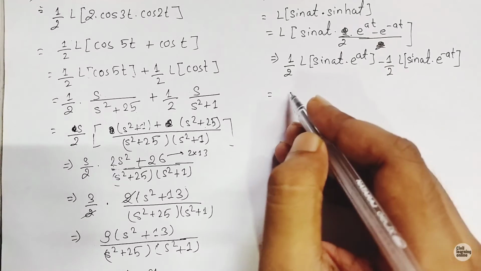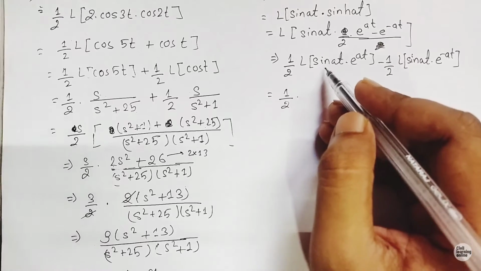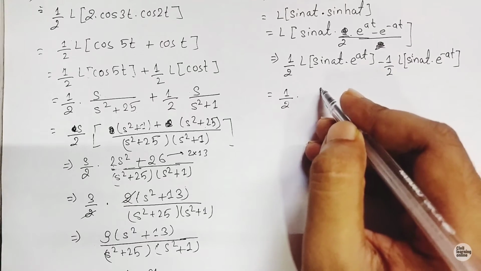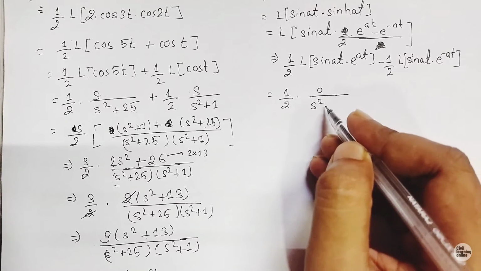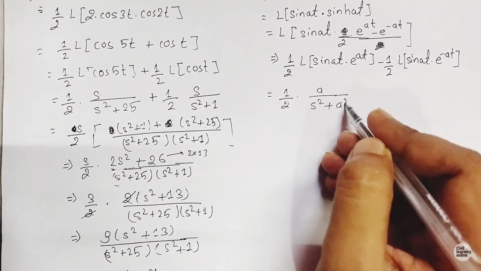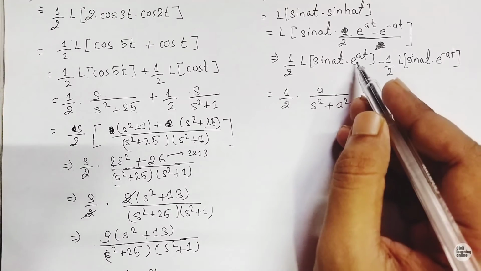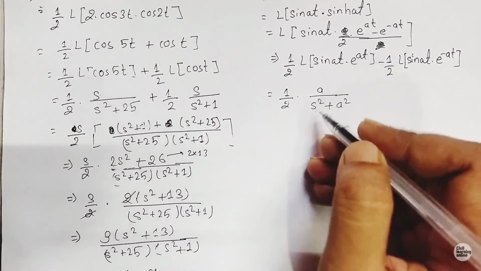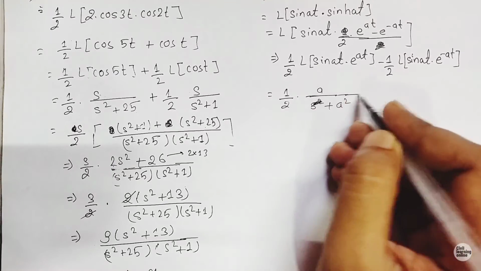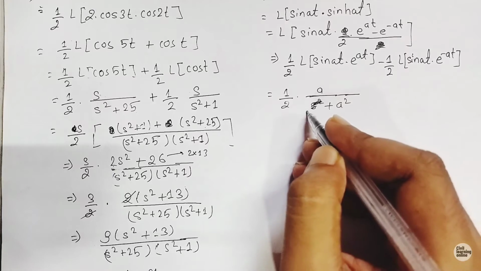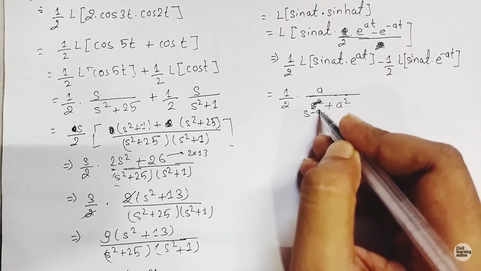What I am going to do here, I am going to rewrite it as it is, 1 by 2, and we have the sin at formula. Sin at formula is a upon s square plus a square. You know, remember this formula. Due to this exponential at, we have to bring some changes in this formula, that is in s, and as the exponent is positive, we will write here s minus a.